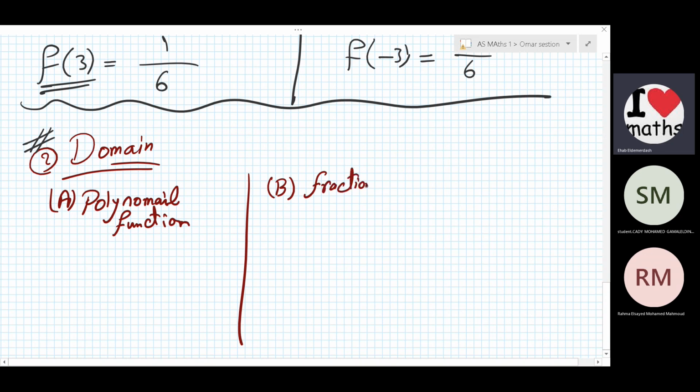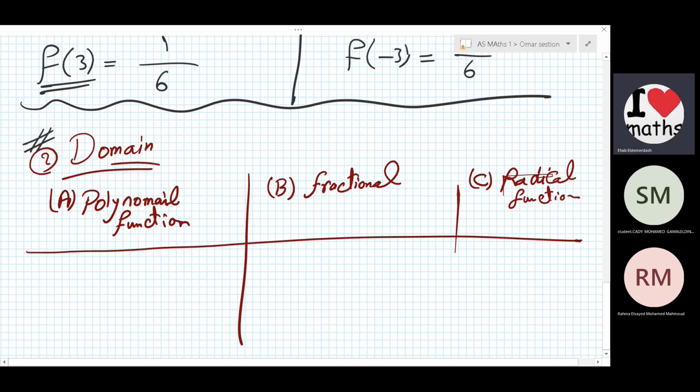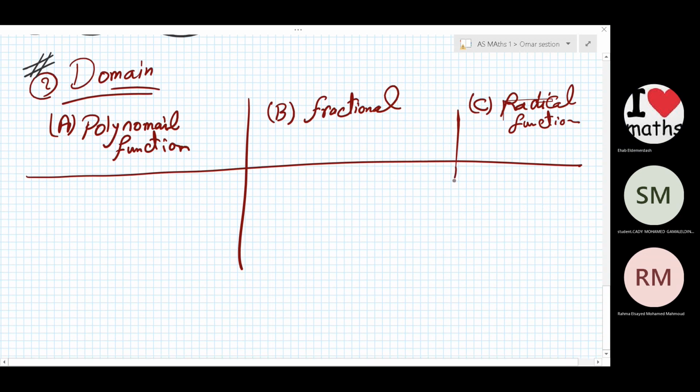Then part C, which we call the radical function. So I have three main shapes: polynomial, fractional and radical functions. Let's go through these three parts.